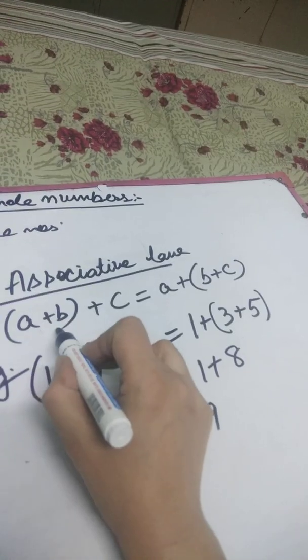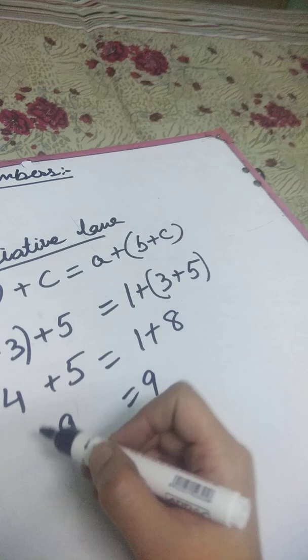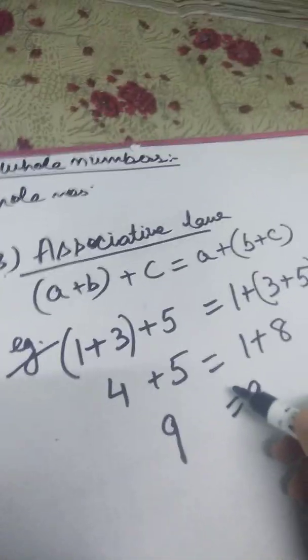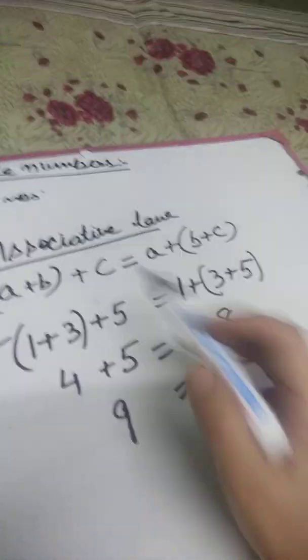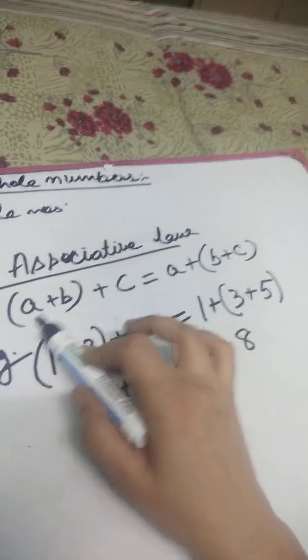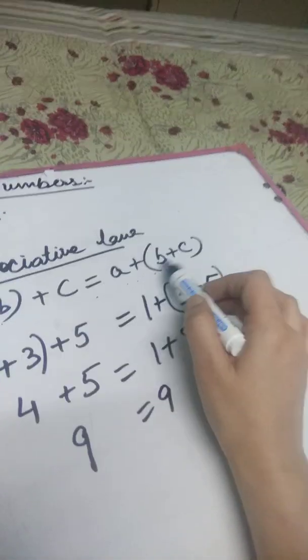Here I have added the first two, here I have added the last two. It doesn't matter. So this is what the law says, that if A, B, C are whole numbers, then (A plus B) plus C is equal to A plus (B plus C). Now next we have the existence of additive identity.